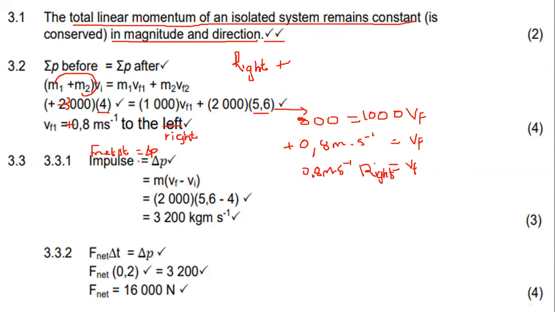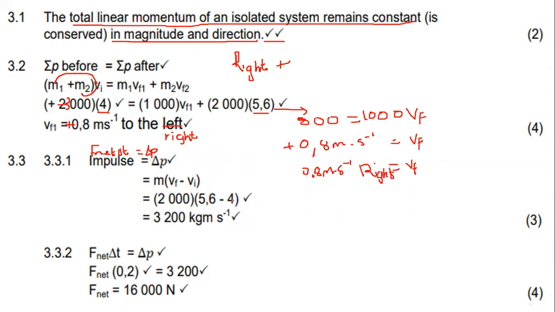Because you know when you see delta P, you see MVF minus MVI. Then the mass is 2,000 into the final velocity, my dear learners. Remember, it was 5.6 meters per second, and it was going to the right, and the right is positive. So there we put 5.6 minus the initial velocity is 4 meters per second.